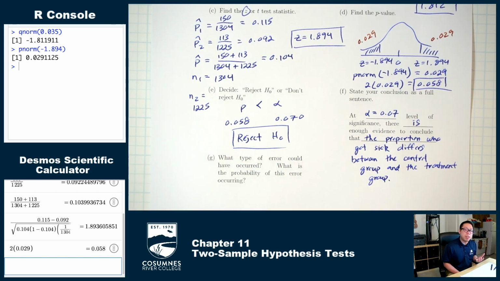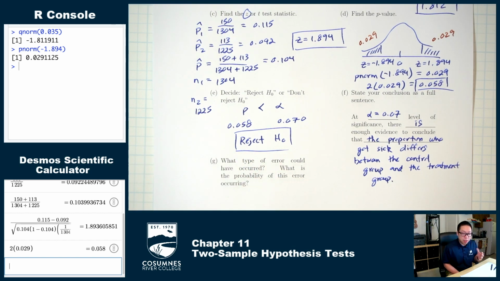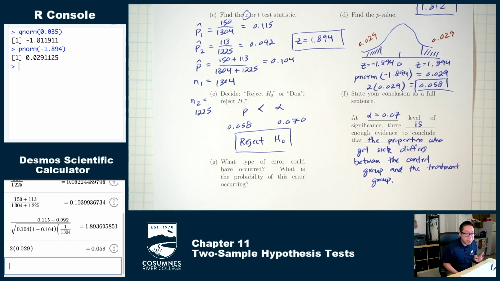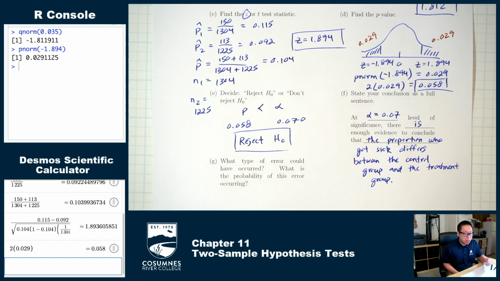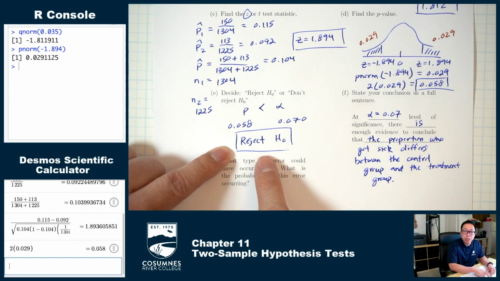So because we're basing our decision on the data, there is a chance that the sample is telling us to do something that's not correct. So in this situation, the data could be telling us to reject H0 when in fact H0 could in reality be true, which means that we're making a mistake by rejecting it.